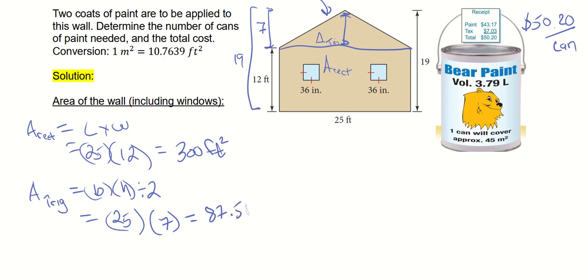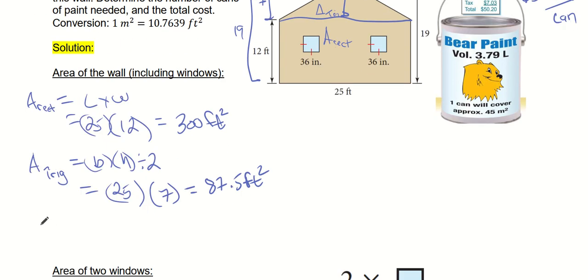87.5 feet squared. And together, I guess you can say total. The area of the wall will be the area of the rectangle plus the area of the triangle.